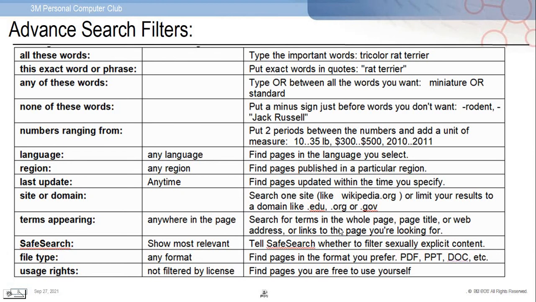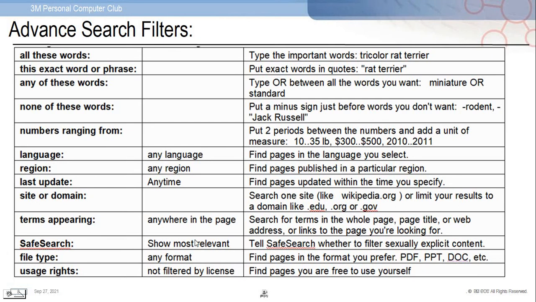Terms appearing anywhere on the page, so you can just search for page titles. If it's in the URL, the long www name there, you can search for the words in a particular area.